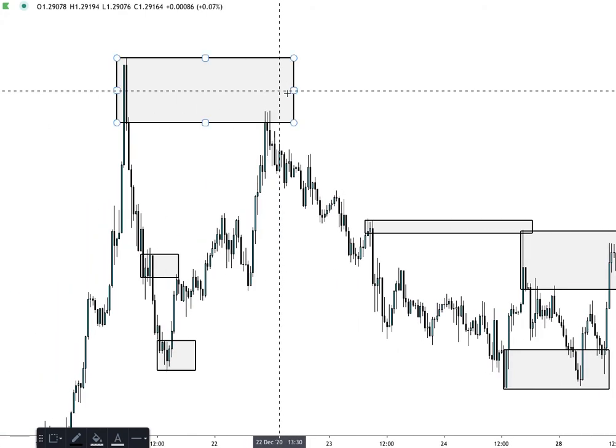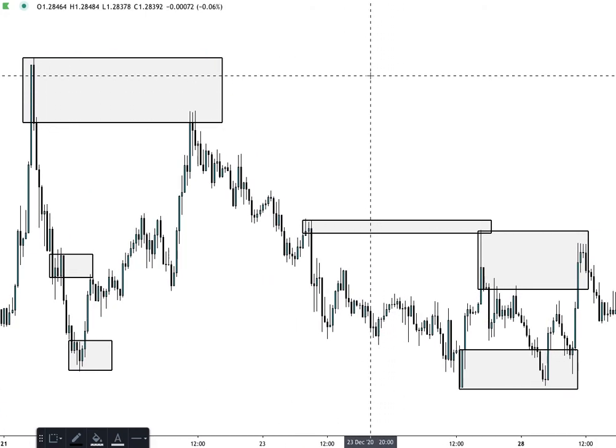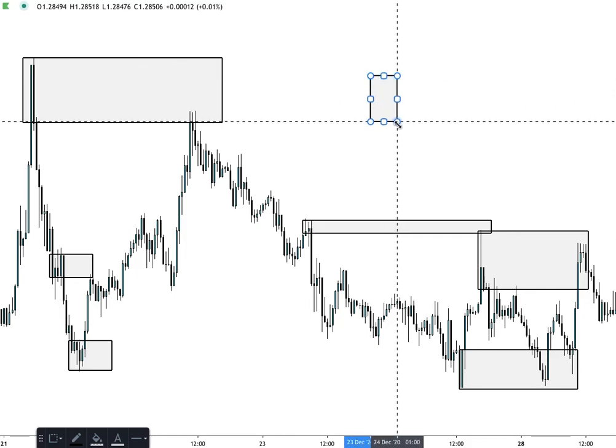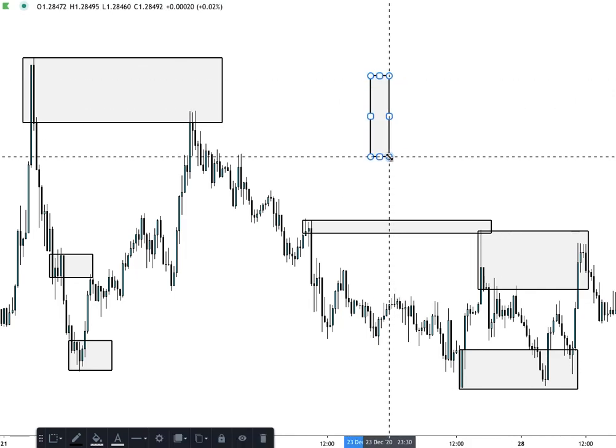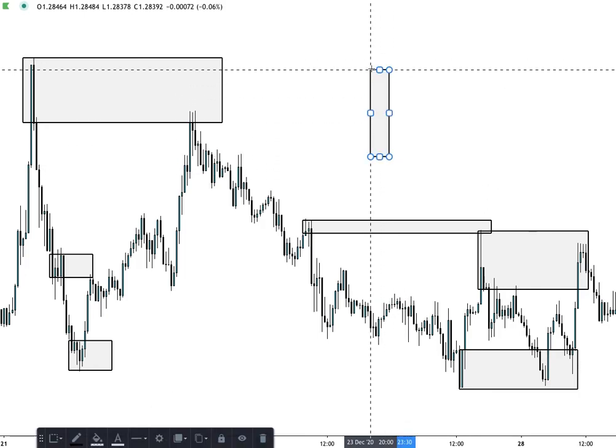And then after your base, which we're going to get into next, you need to have your impulse away, right? The quality of your impulse is going to determine whether or not that zone is tradable.